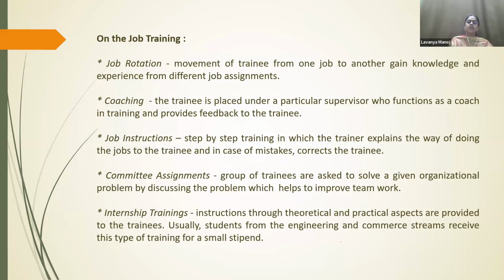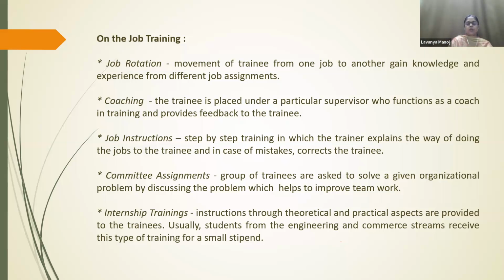Job instructions, this is step by step training, completely step by step from how to start. What is the first process, then after completing it what should be done, then going to the second step, how that is done, and then what is the third process.